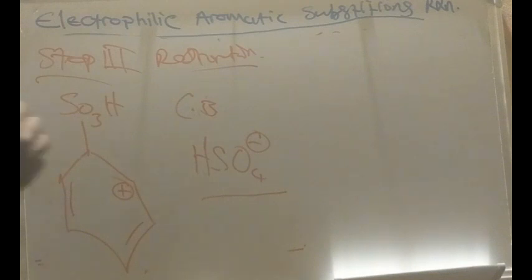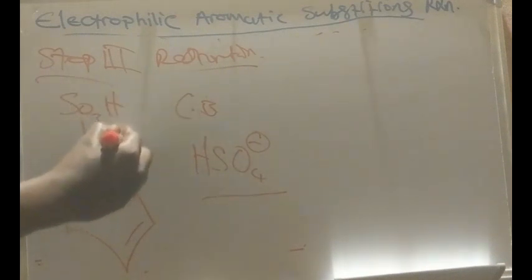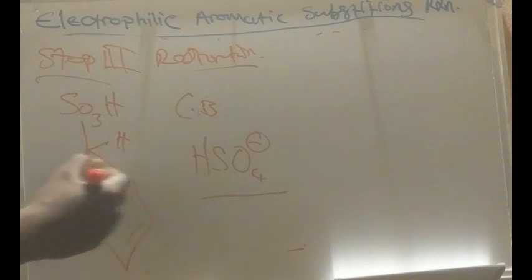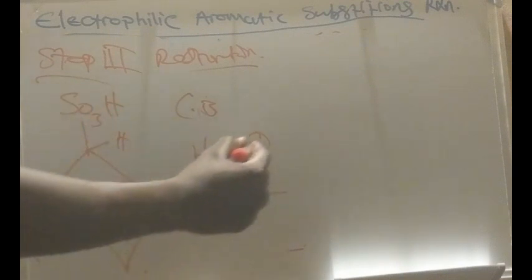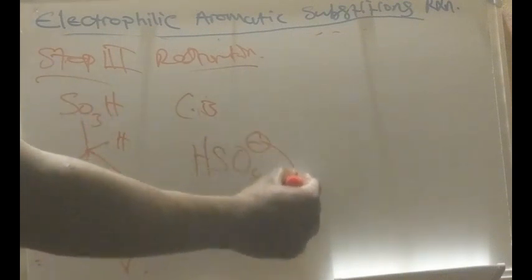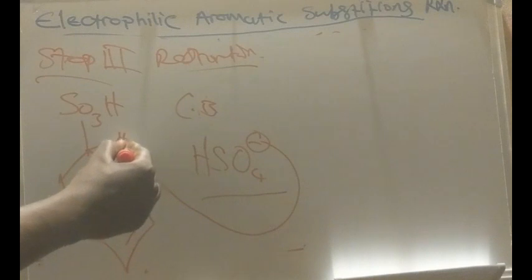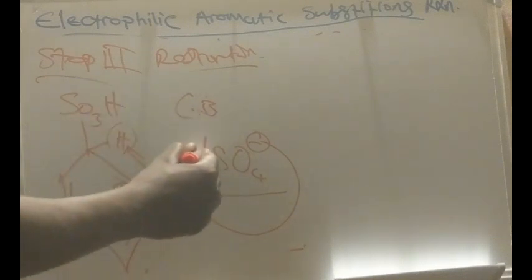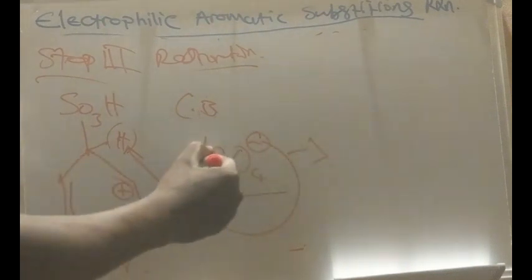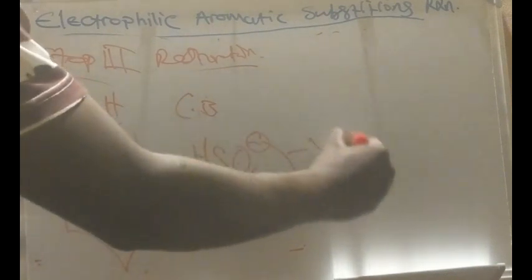So pay attention to the carbon that has received the incoming molecule. So the carbon that has received the incoming molecule possesses a hydrogen, and so do the other hydrogens of this ring. So we use this hydrogen to restore the aromaticity, and react this conjugate base with this hydrogen to abstract this hydrogen and form a new bond, which will yield H2SO4, which is sulfuric acid, our catalyst.